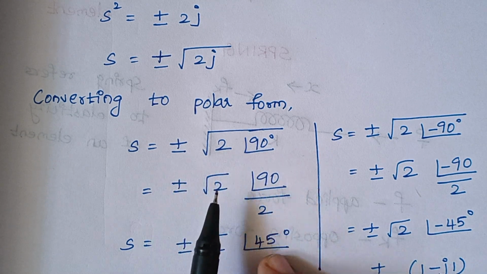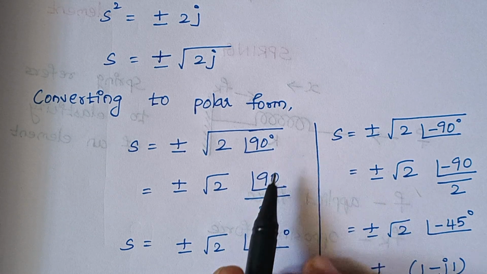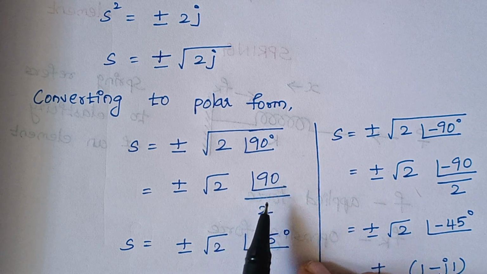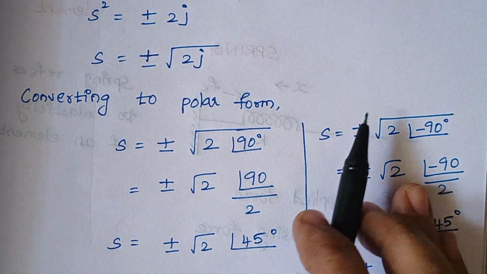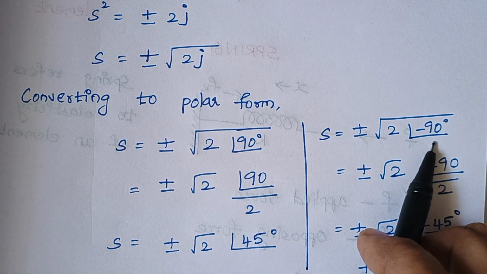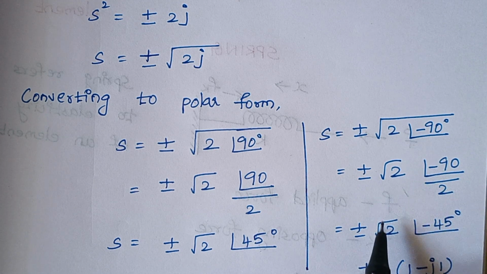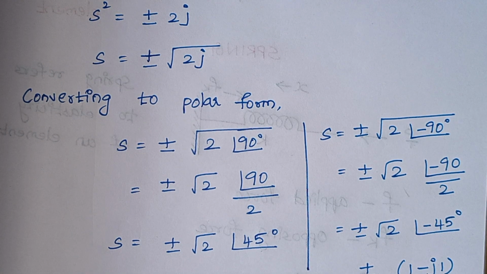So when you take square root of an angle, for taking square root of angle, we have to divide it by 2. So when you divide it by 2, we are having the answer as 45 degree, right? And the next thing is s is equal to plus or minus square root of 2 with an angle of minus 90 degree. Again when you solve, you see you are having square root of 2 with an angle minus 45 degree.